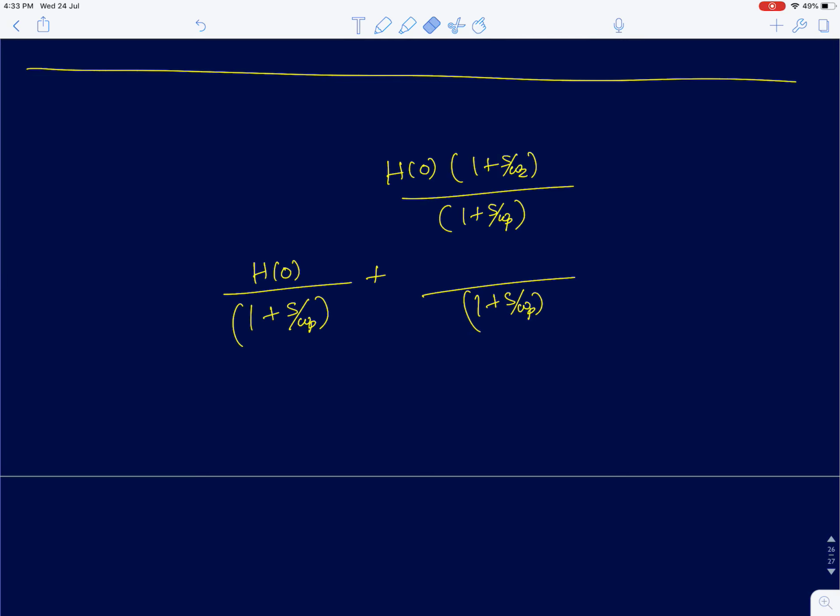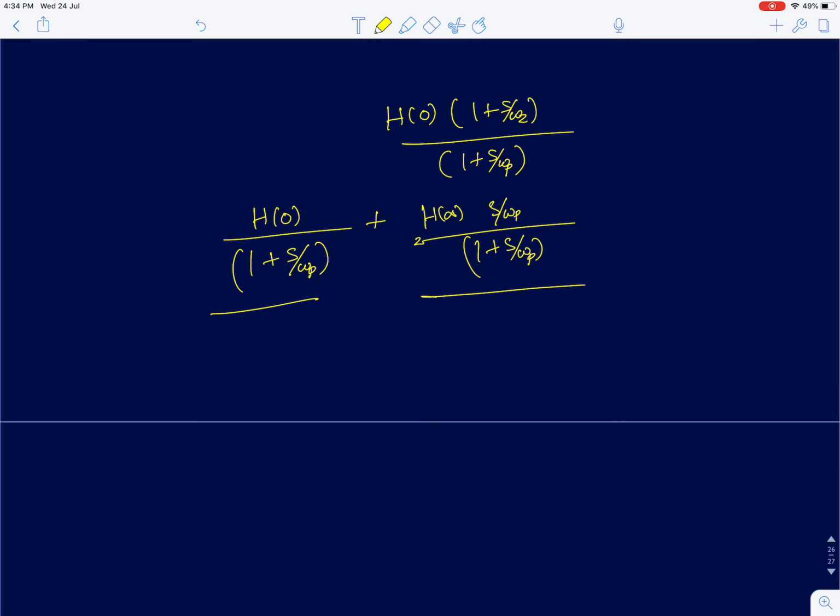Again, this term can be written as h of 0 by omega z into omega p into s by omega p. Again, this term we called h infinity. So it's written as a sum of a low pass and a high pass term.